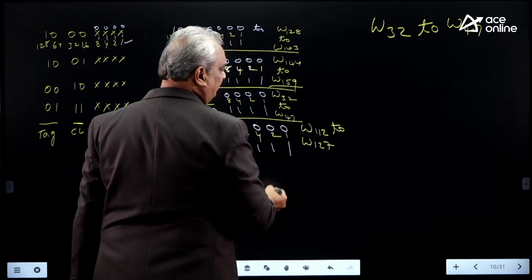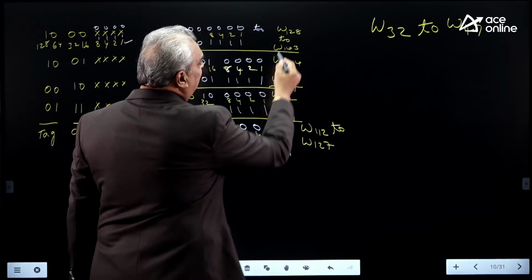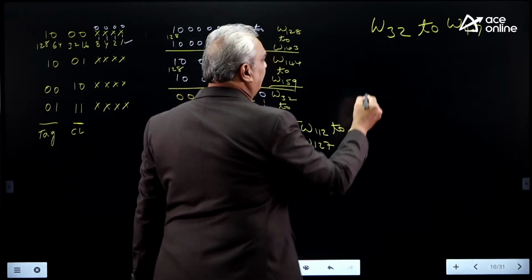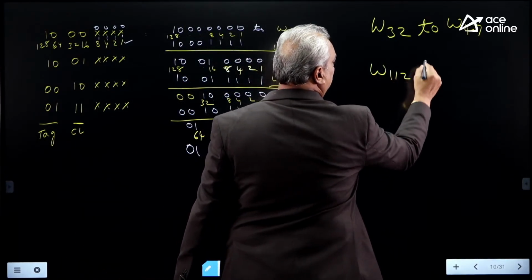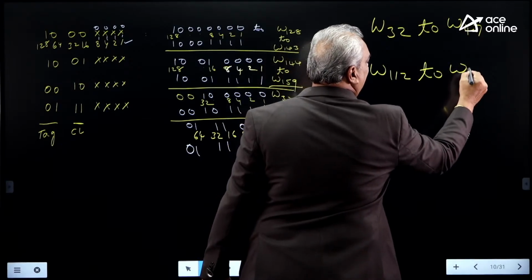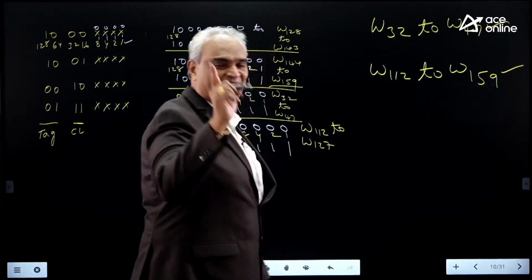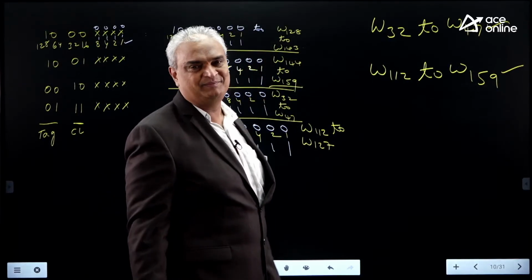What about the next one? 112 to 127, 128 to 143, 144 to 159, means W112 to W159. These words are available. The remaining words are not available in cache memory.